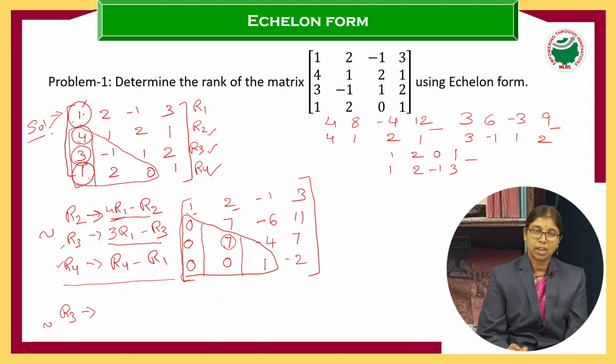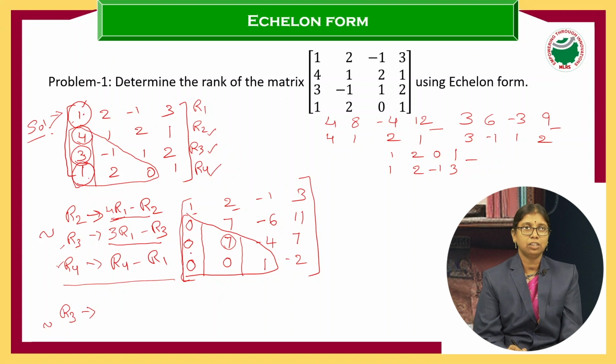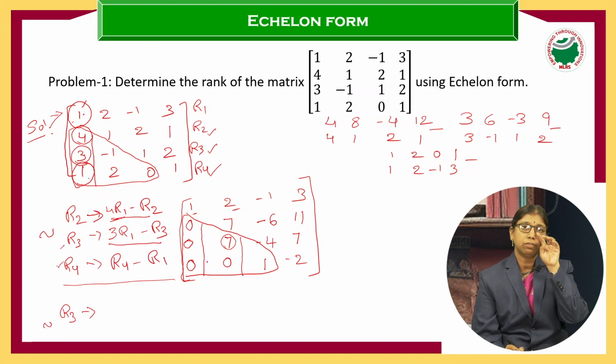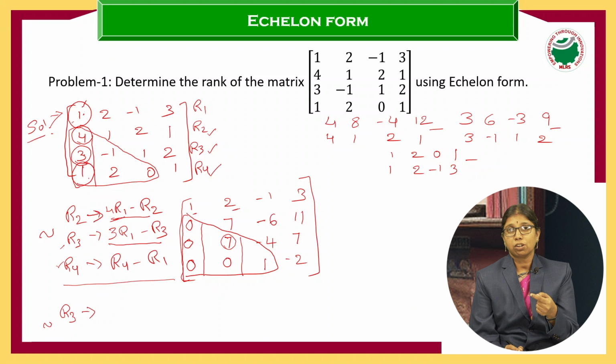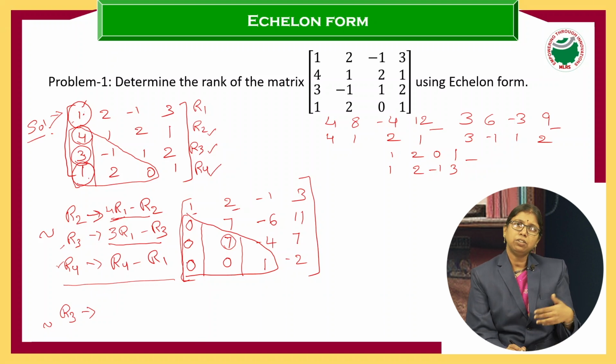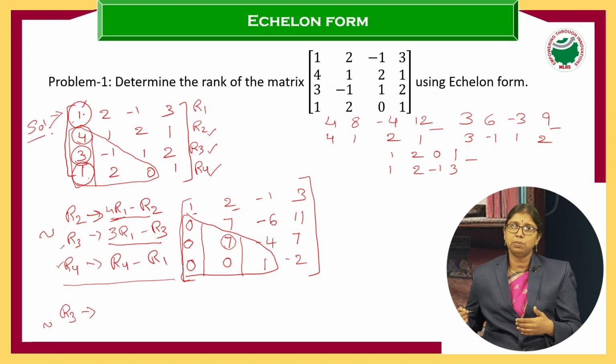If you multiply this value with 7 and subtract, again this 0 value converts to a non-zero value. So from the second step onwards, you choose the rows which are similar to your changing row. Then only these 0 values are not converted to non-zero values. Again, if these are converted to non-zero, you have to do another row operation. So the solution becomes lengthy.